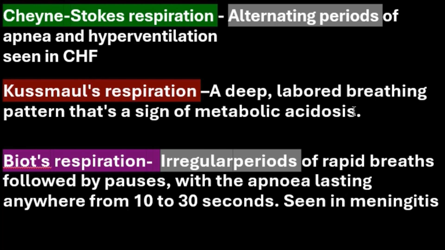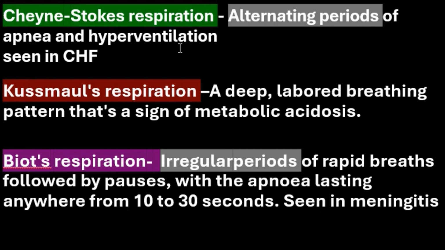Kussmaul's respiration is a deep labored breathing pattern in metabolic acidosis. Biot's respiration is almost similar to Cheyne-Stokes respiration. It is also with rapid breaths and apnea, but here it is irregular periods, more irregular periods of rapid breath followed by pause.